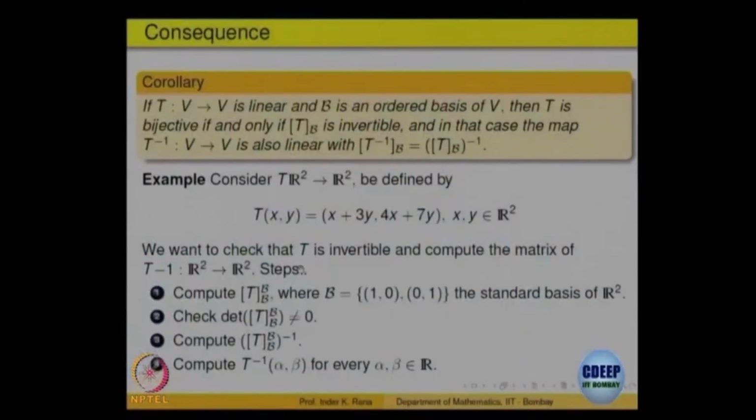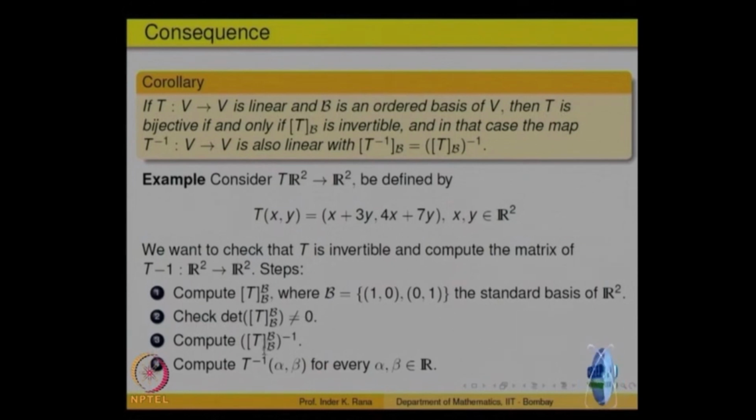So, let us come back to our main thread. The idea is to compute the matrix of T with respect to the given basis. Here it is B and B both, but you can have different bases in the domain and codomain. Check whether the determinant is 0 or not. If it is non-zero, it is invertible. If it is 0, it is not invertible, and the problem is over.